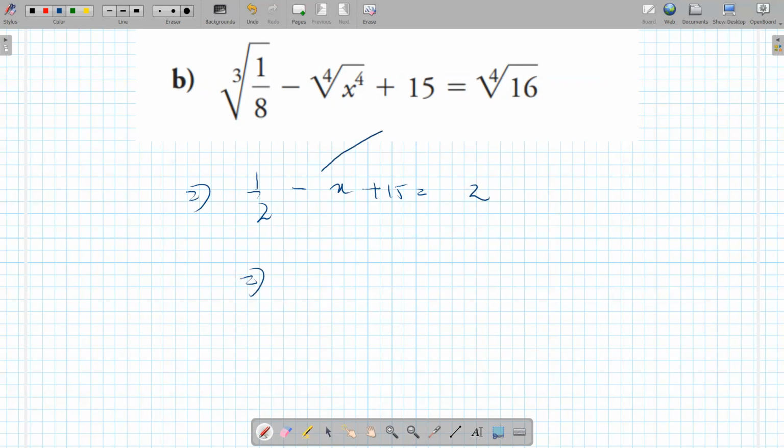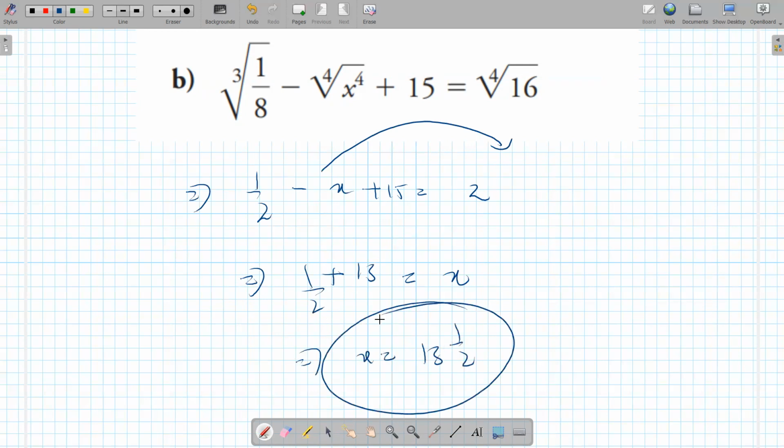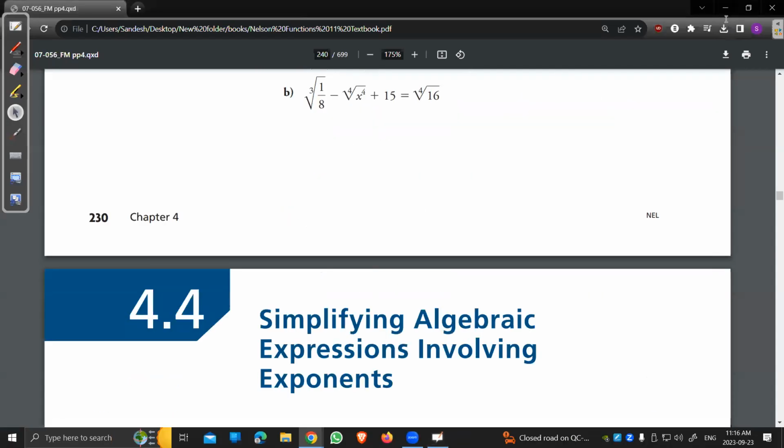So I'm going to throw this aside. x equals 15 minus 2, 13, plus 1 over 2. So x is going to be 13 and 1 over 2, or 27 over 2. And that's the answer, okay? It's pretty simple. It's nothing too complicated, that one.